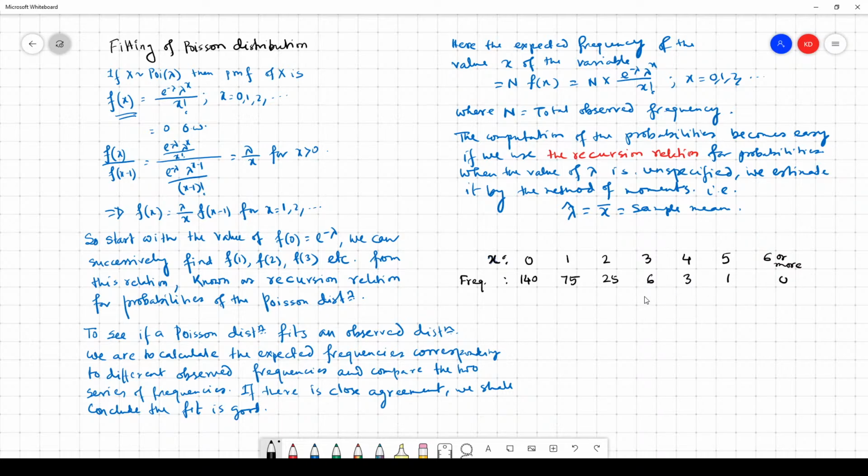If you look at this data set, as x increases, the frequencies decrease.